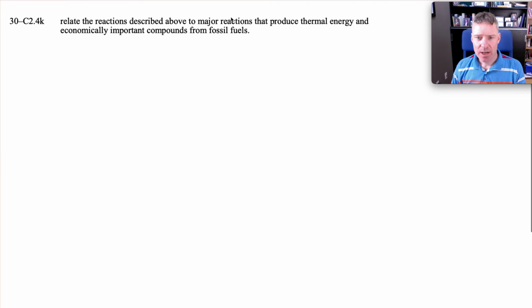The last one I'm not going to talk about much, but relate the reactions above to the production of thermal energy. So think of that as heat and its economic importance. So throughout the course, hopefully your teacher has connected the use of which organic compounds are fossil fuels. You've got your C1s to your C3s are your natural gases.